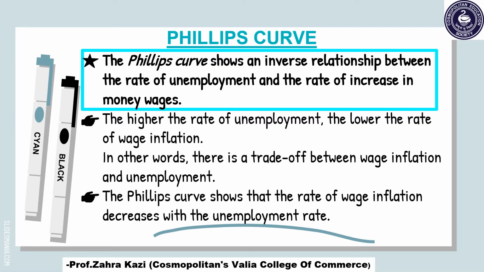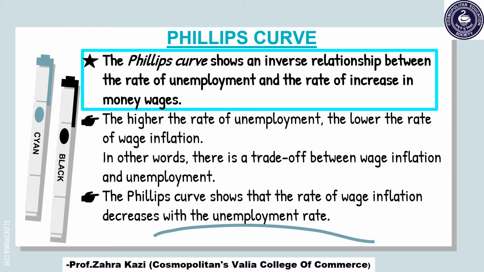About the Phillips curve. The Phillips curve shows an inverse relationship between the rate of unemployment and the rate of increase in money wages. Further, the higher the rate of unemployment, the lower will be the rate of inflation. So in other words, there is a trade-off between wage inflation and unemployment.